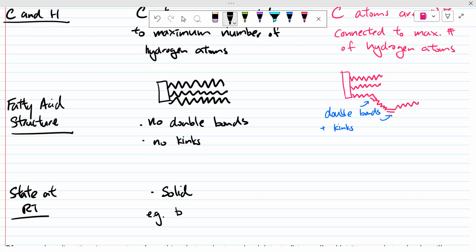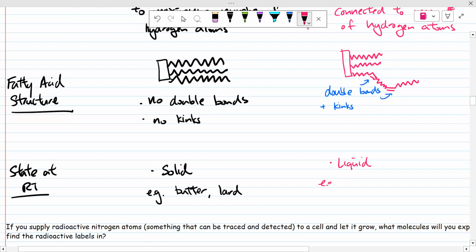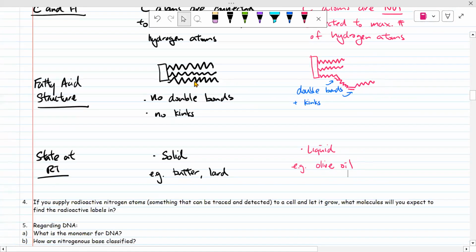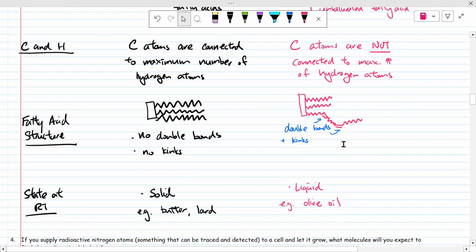Example, butter, lard. This one is liquid. And just name your favorite oil. Yeah, fish oil, sure. The one with the orange flavor was good.